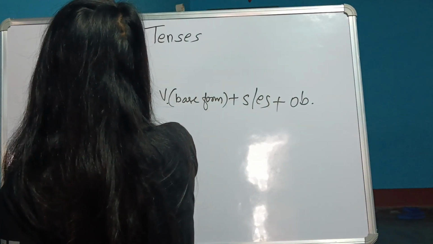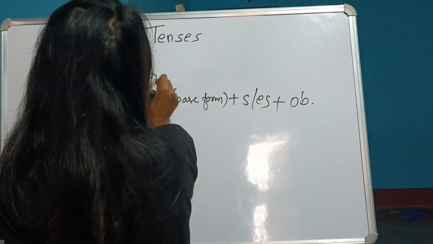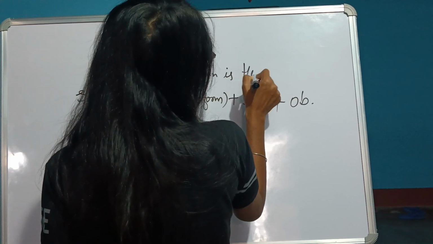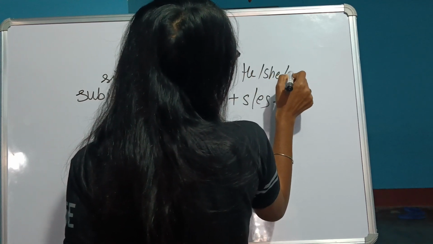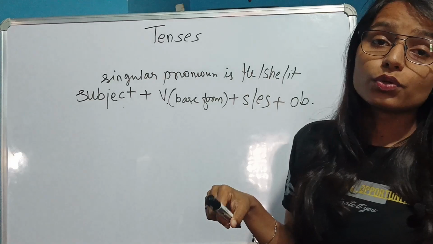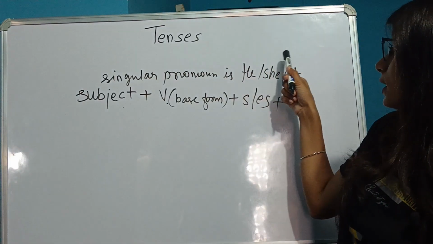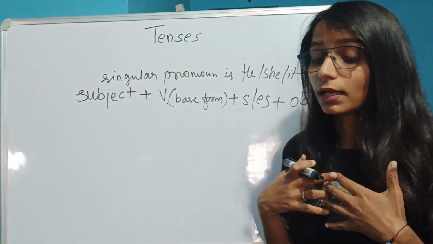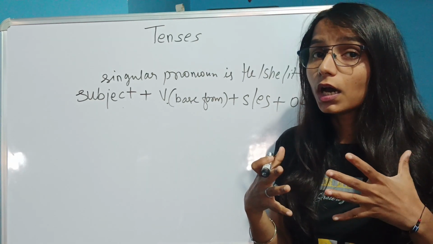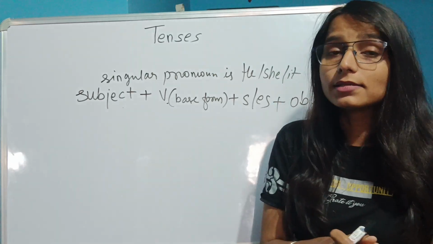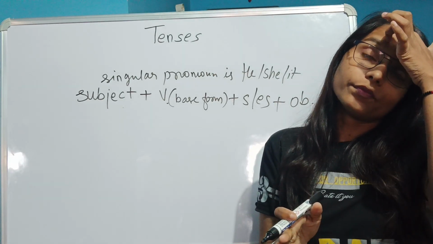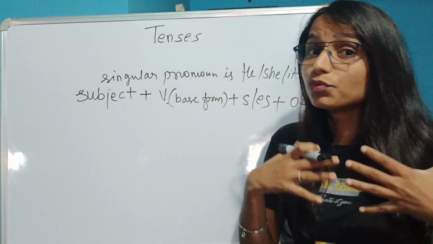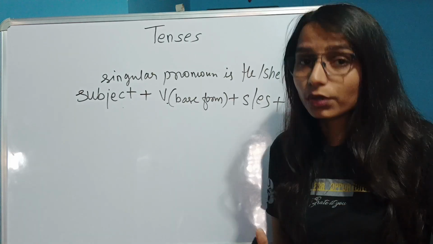So when we use he, she, it, or one name, like my name is Purnima. When I say I drink water, I is a plural pronoun, and when I use my name, Purnima drinks water, because Purnima is singular.